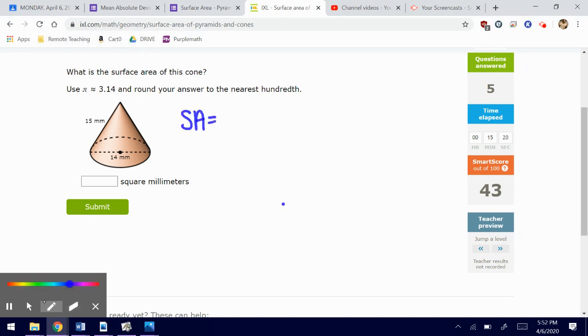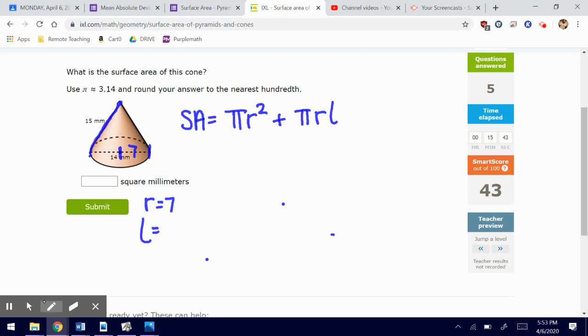Surface area equals pi r squared plus pi r L. They gave me the diameter because it goes from side to side. I just need half. Half of 14 is going to be 7. So my radius is 7. My slant length, which goes from the point down to the bottom, is going to be 15.